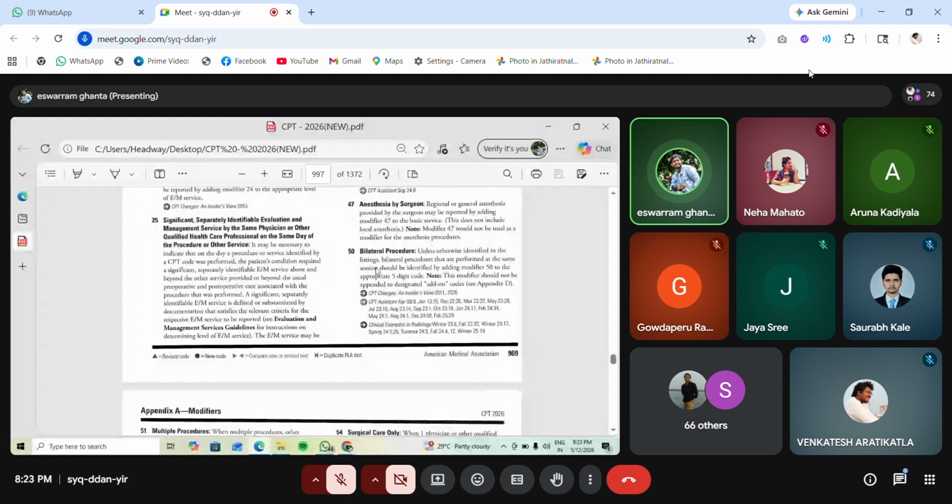See carefully the line here: performed at the same session. That is very important. While we are coding and giving this modifier, the bilateral procedure must happen in that same session only. In that scenario only we give the 50 modifier.